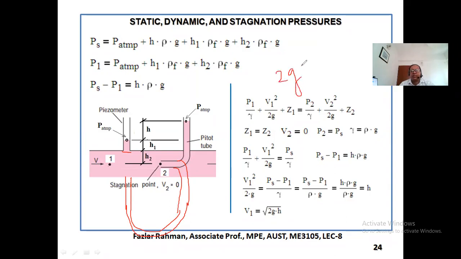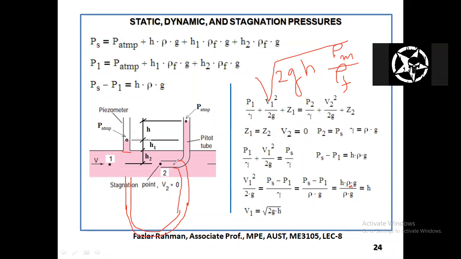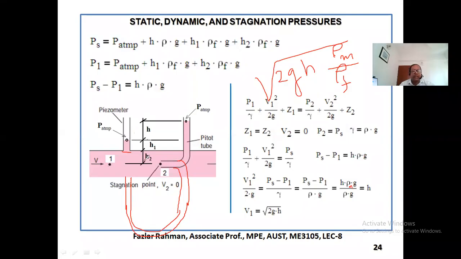2g times, then there will be rho manometer divided by rho of fluid. That means rho air comes in. That will be the velocity of the air. Right over here, PS minus P1, that will be rho M, that means the manometric fluid. Right over here, there is no rho. Why?